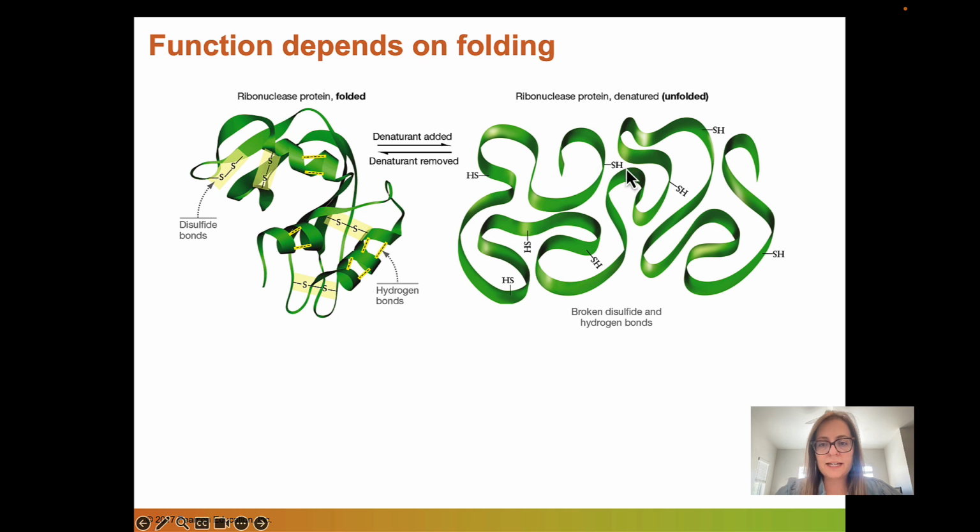When he tested whether the protein still had activity, he found that it did not. But he was able to remove the denaturant, and the protein spontaneously folded back and was functional again. This was the first evidence clearly demonstrating that protein folding was required for protein function.